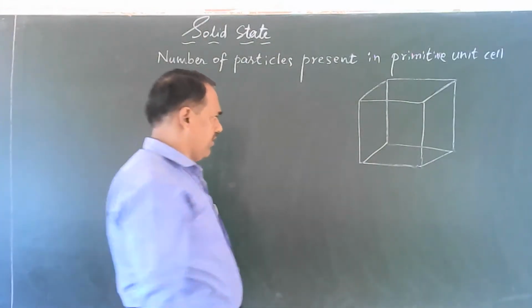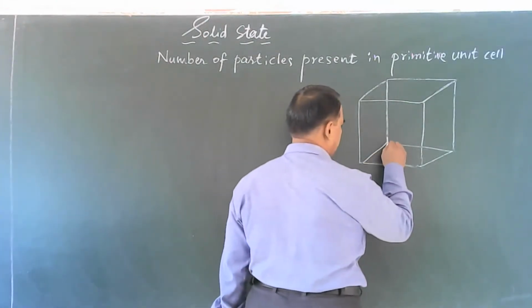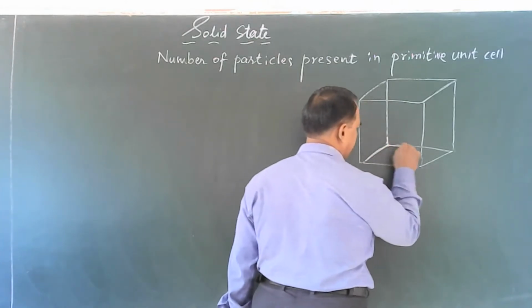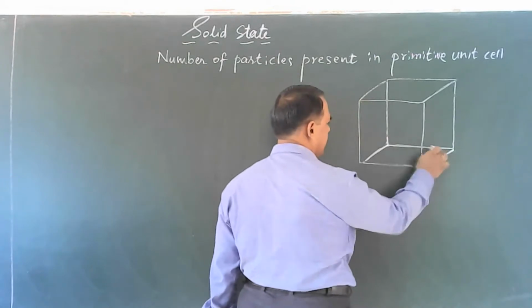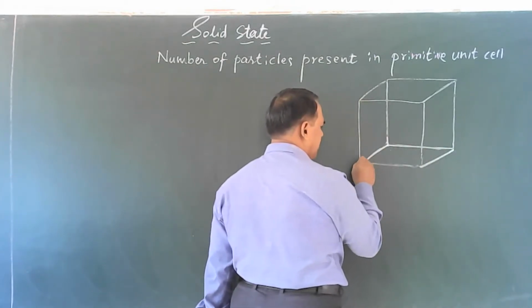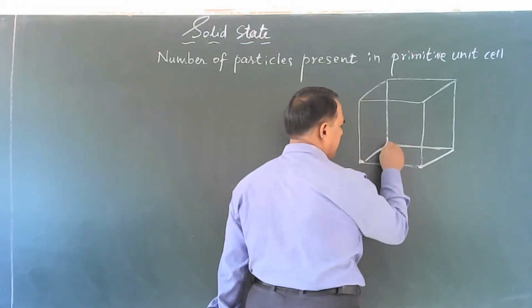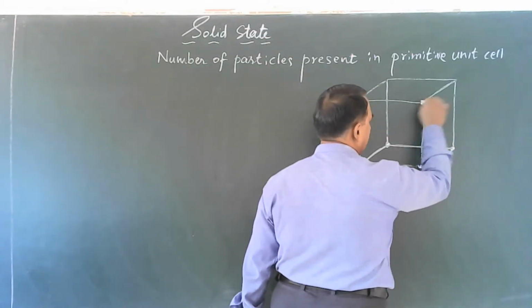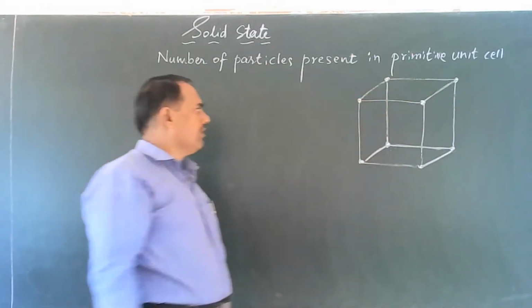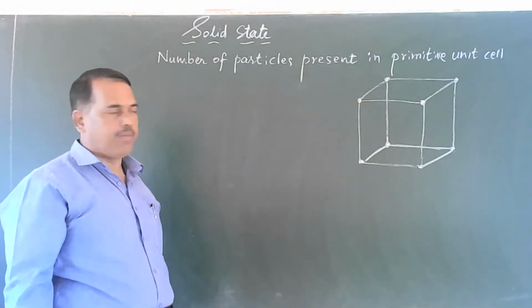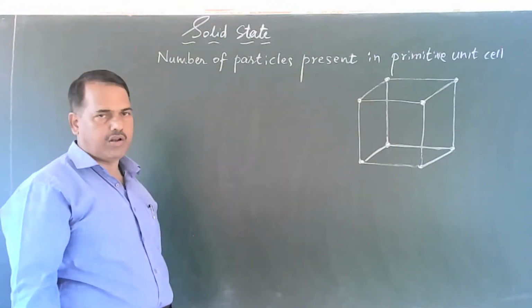See, yesterday we already discussed this. See here, these points are nothing but the lattice sites, and how to calculate the number of particles in a primitive unit cell.